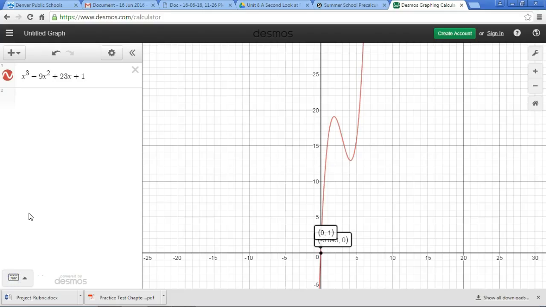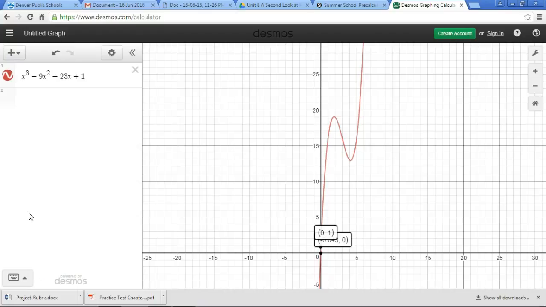Okay, you guys, I had you on pause while I went to the Desmos calculator so I can show you this, because I don't have any other way to record what this would look like. So I just graphed x cubed minus 9x squared plus 23x plus 1.